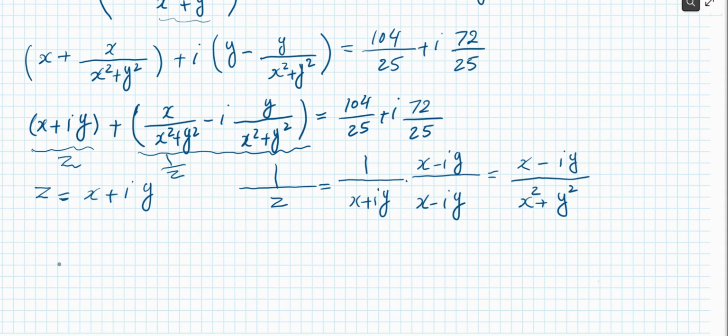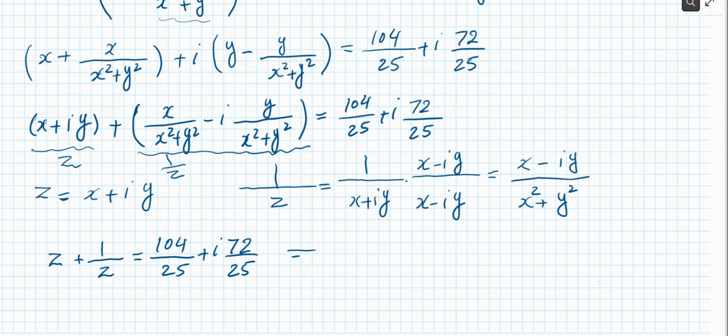So rewriting the equation in terms of z, we have z plus 1 over z equal to 104 over 25 plus i 72 over 25. This would be a quadratic equation by multiplying both sides of the equation by z.